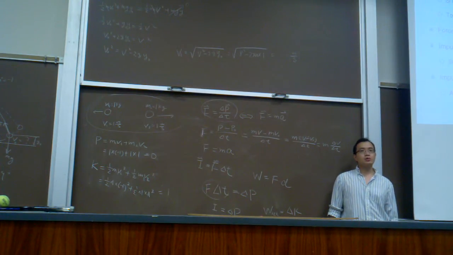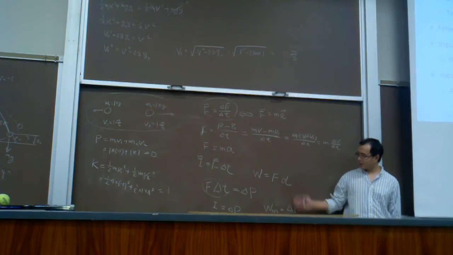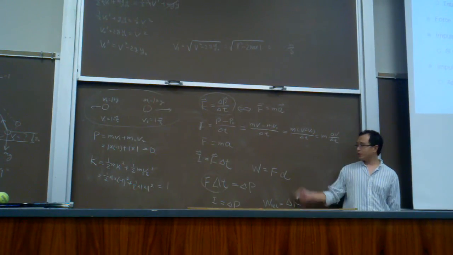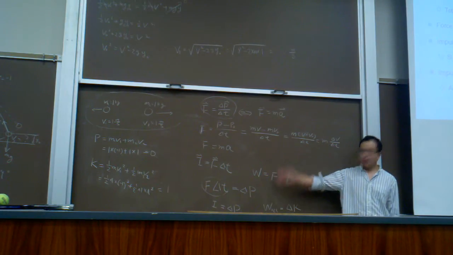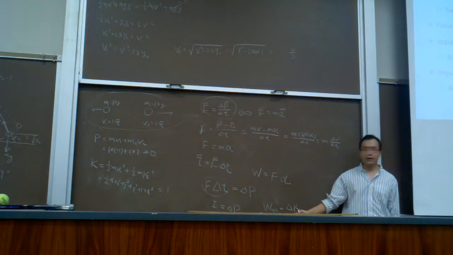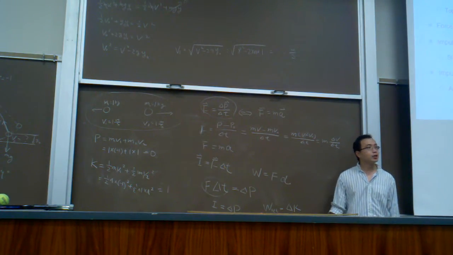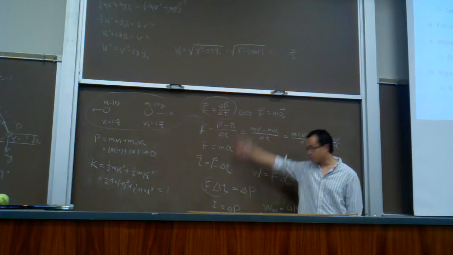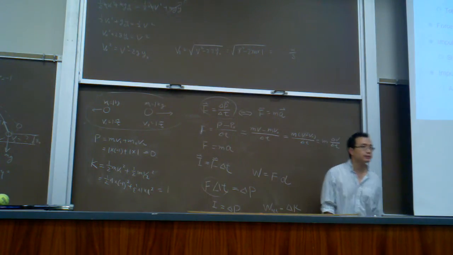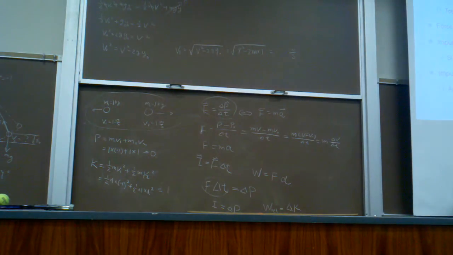And in terms of problem solving, that suggests that if we know the distance, it's easier for us to calculate work, so we may go with this line. If we know the time, then it's easier for us to calculate impulse, so we may want to go with this line. Any questions here?